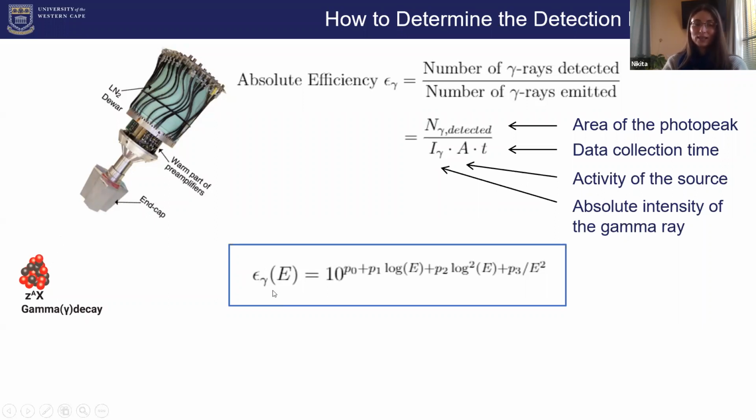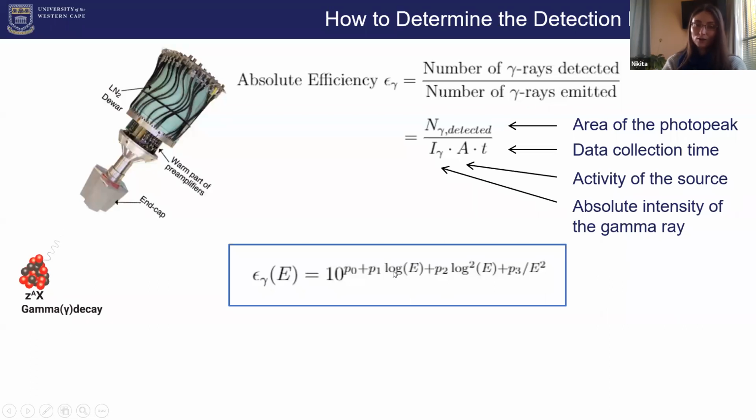So this is the equation for the efficiency as a function of the energy of the gamma ray, which is 10 to the exponent of all this. So the parameters that we are interested in extracting today are the P0, P1, P2, P3.